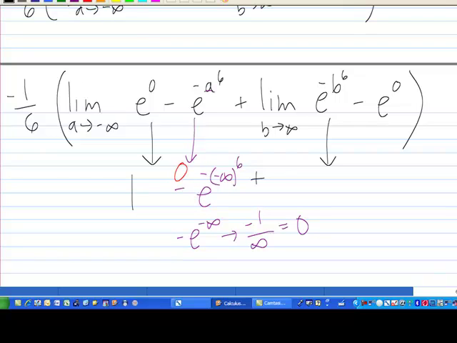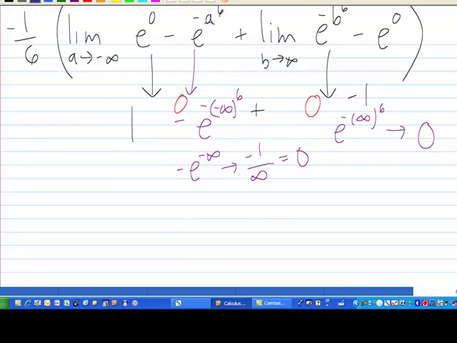Plus, using the same reasoning here, we're plugging in infinity. e to the infinity to the sixth, make that negative. It's still going to turn out to be 0. And then last but not least, negative e to the 0 is negative 1.